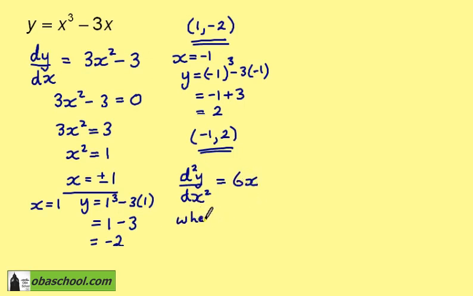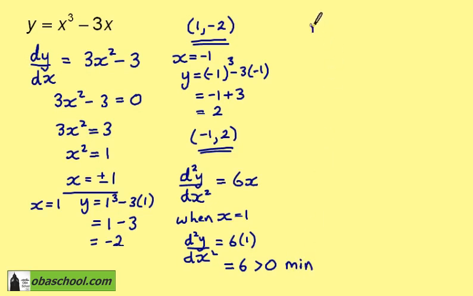When x is equal to 1, d2y/dx squared is equal to 6 times 1, which is 6, and this is positive, telling us that we have a minimum. So we have a minimum at 1, minus 2.